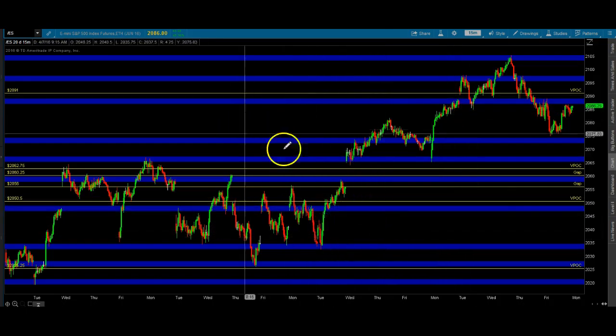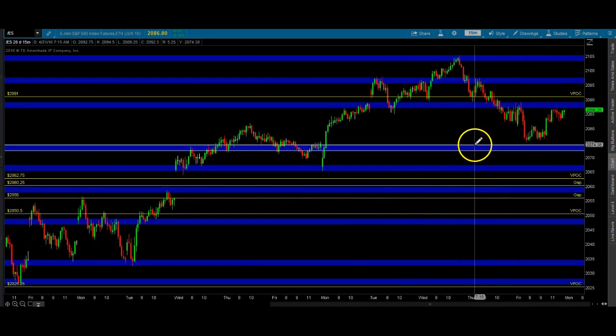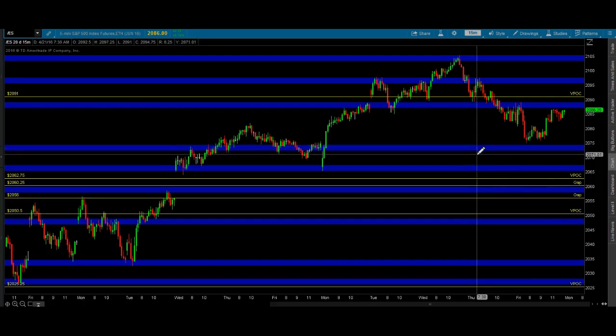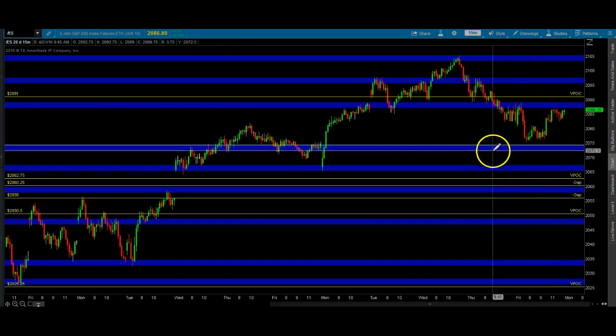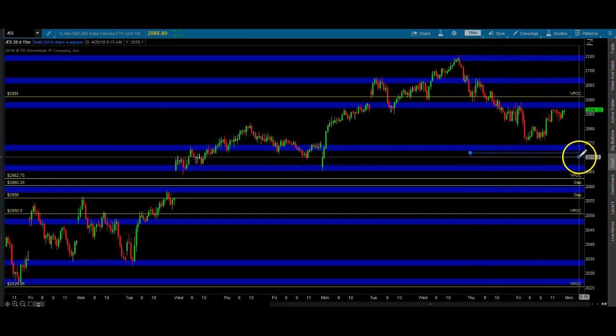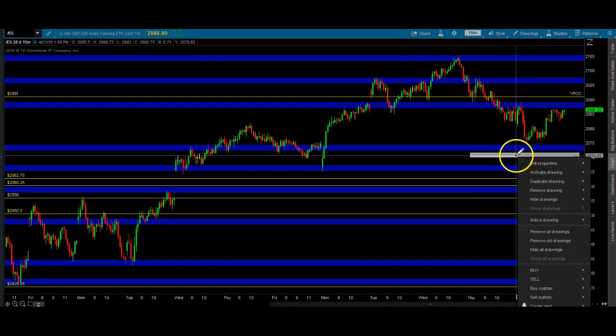Well, one of the things I look for is that they're 2-point wide zones. The way I trade them is I always give an extra 1 point to the back of the zone. I draw them as 2 points, but I know mentally it's a third point.